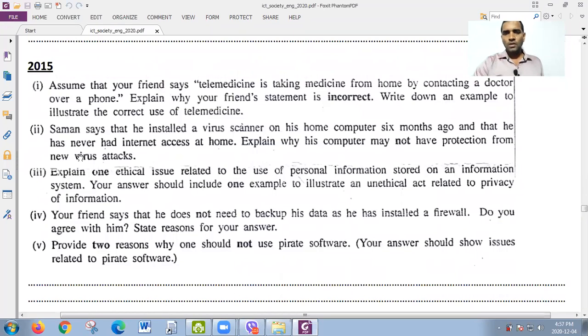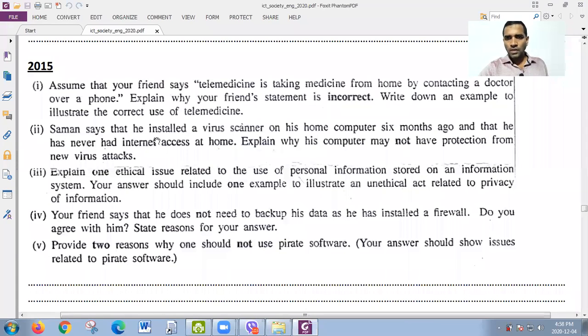Okay, second. Someone says that he installed a virus scanner on his home computer 6 months ago, and that he has never had internet access at home. Explain why his computer may not have protection from new virus attacks. Repeat it again.